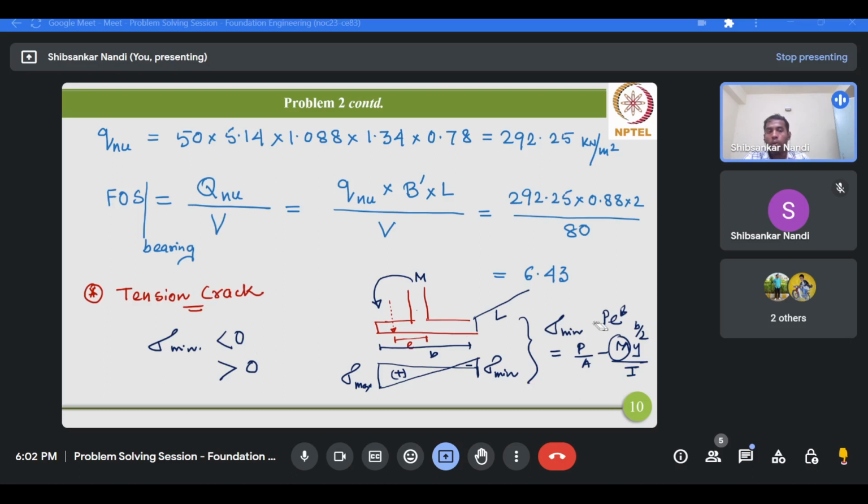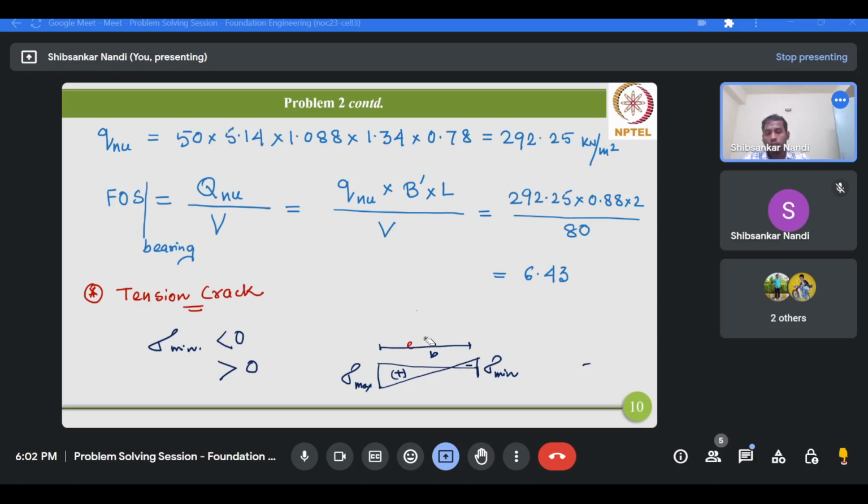Okay, now how can you control it? You can control it by minimizing this sigma min to a value of 0. This is the least desirable condition. Now if this sigma min is 0, then it is P divided by BL, where BL is capital B times L, the area.